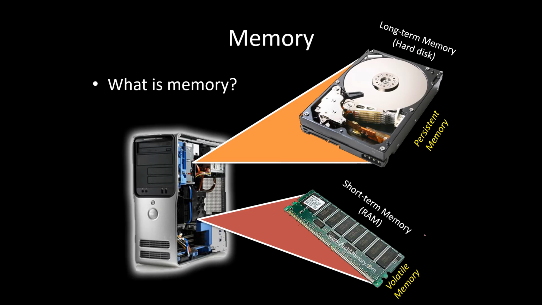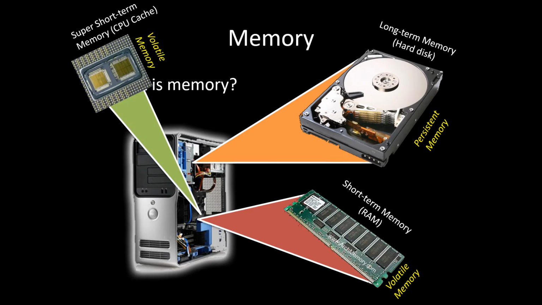Even though this is really fast, it's what we call volatile memory, meaning when you turn your computer off, everything in here goes away. This is our persistent memory. When we write stuff to the hard drive, we want it to stick around. As long as that hard drive's working, your data is going to stay encoded on this little spinny disk.